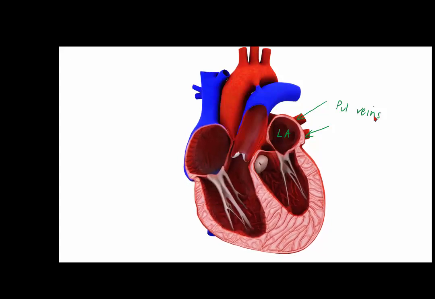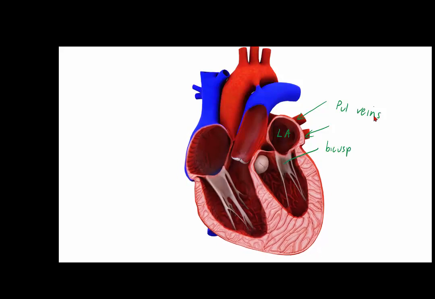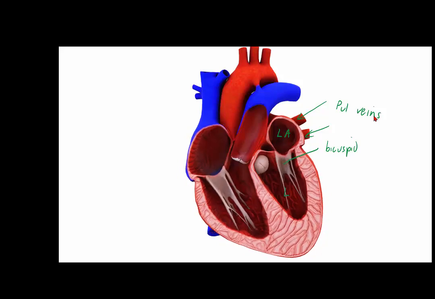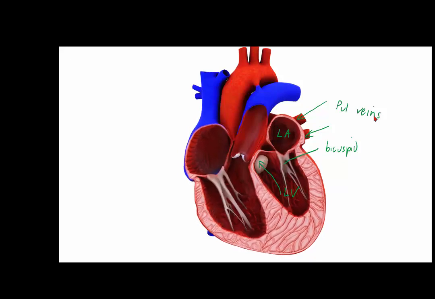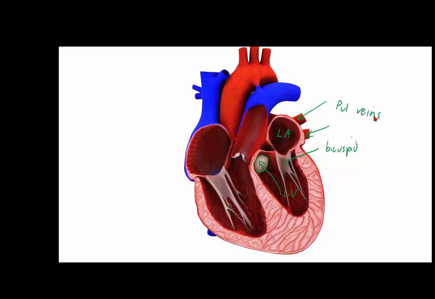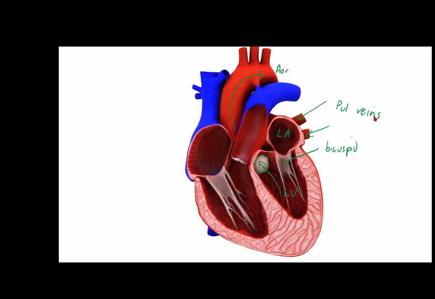It flows through the bicuspid valve. It goes into the left ventricle and then pumps blood up through the semilunar valve here. So this is the semilunar valve. And then it actually goes in behind and up and out there in the aorta.